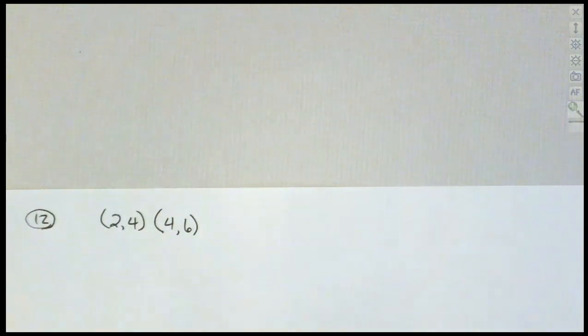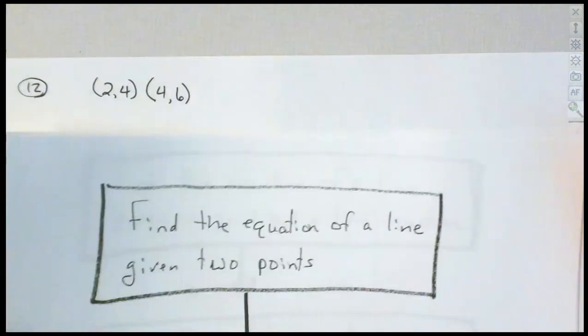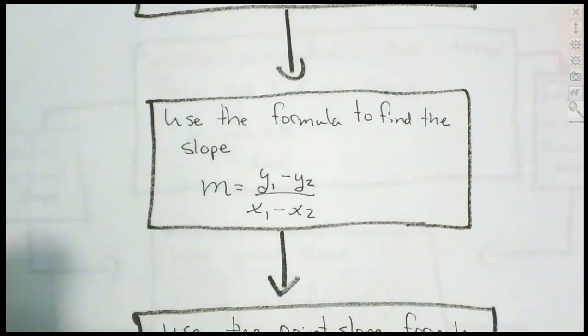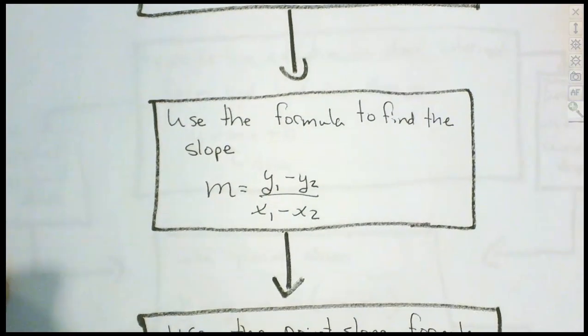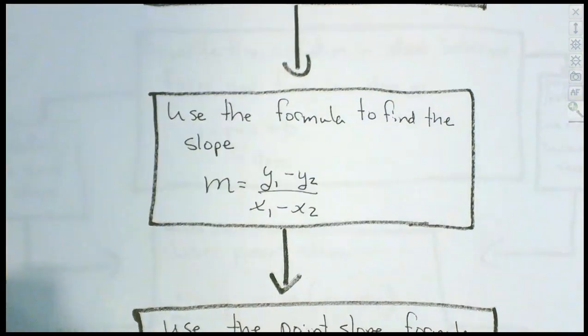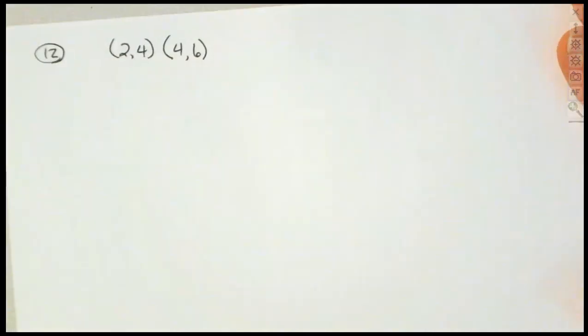So that's going to be the second page of our flow chart. Let's find the equation of a line when you've got 2 points. And so what do we use? We use our slope formula. So it's similar steps, just a little bit different.